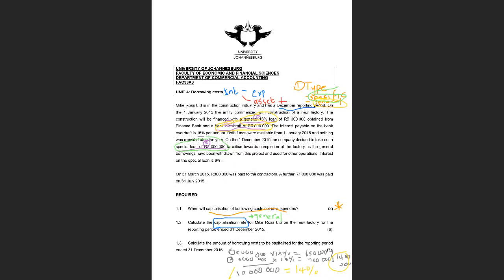Okay, then we're going to move on to 1.3. 1.3 says we need to calculate the amount of borrowing costs to be capitalized for the reporting period ended 31st December 2015.